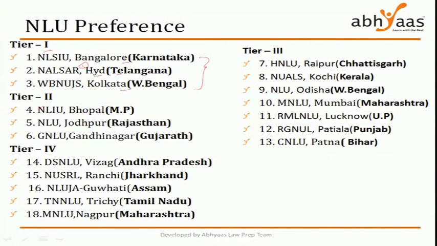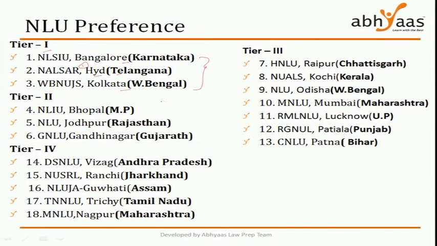Otherwise, if you do not want to go only into Hyderabad, you can put Bangalore as first, Hyderabad second and Kolkata as third. This is about the first 3 colleges.